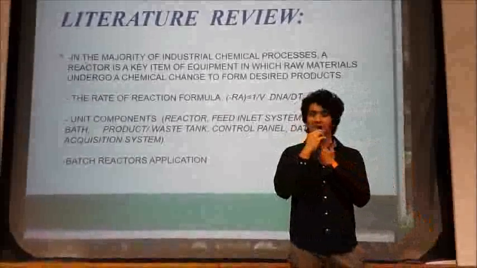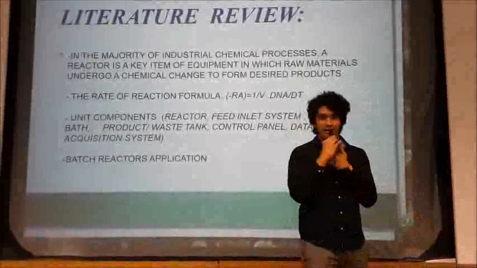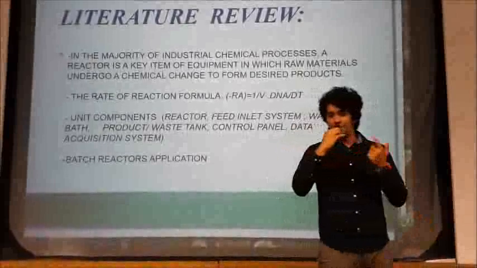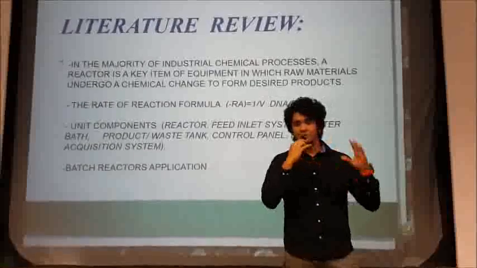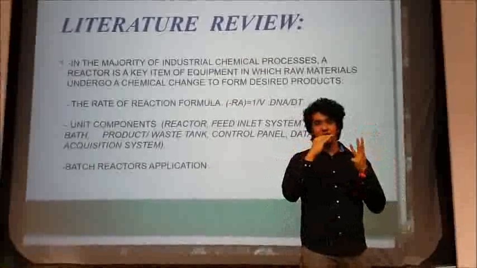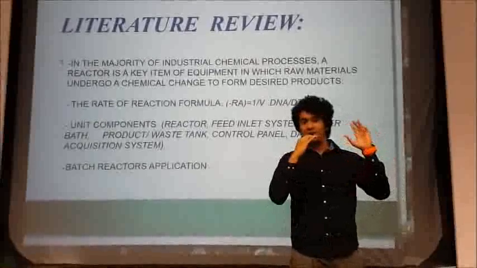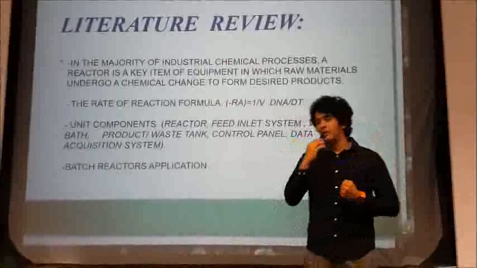What we came across was the CSTR, the continuous stirred tank reactor, the PFR, the plug flow reactor, and of course the batch reactor. Specifically, our project was for the stirred tank batch reactor. That means there was a stirrer in our batch tank.